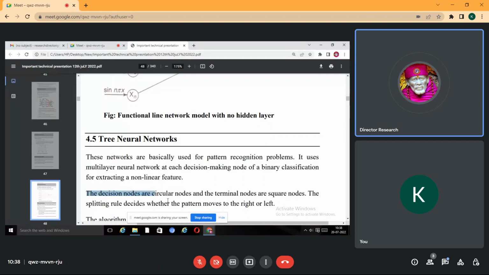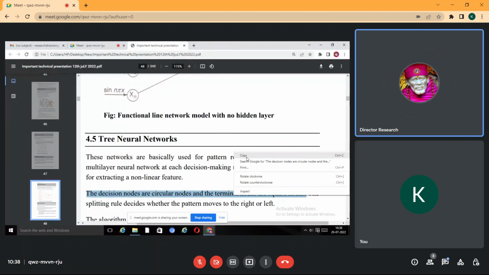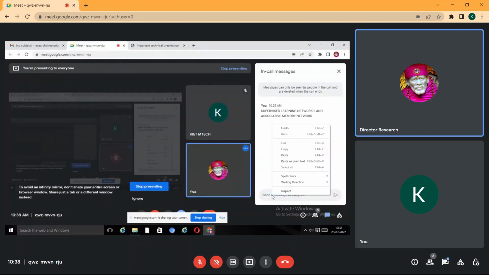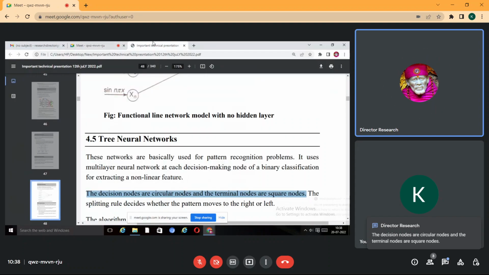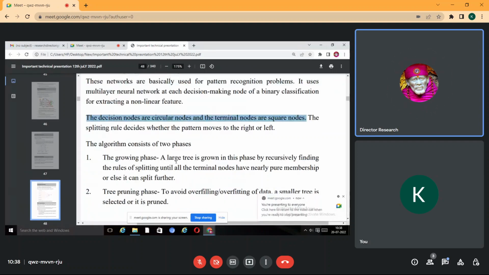Very key point I want to post here. The decision nodes are circular nodes. Terminal nodes are square nodes. The splitting decides whether the pattern moves to the right or left.